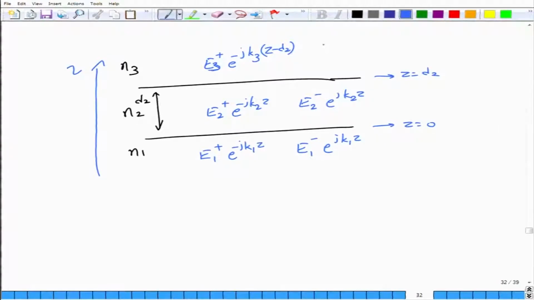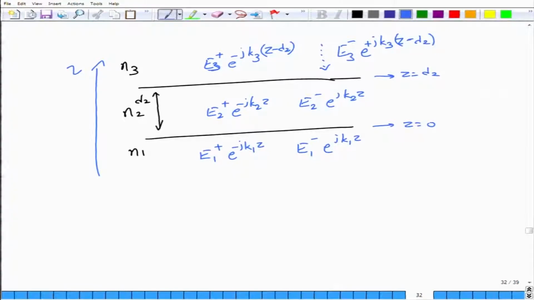As I said, there is nothing coming in this direction, I have not kept my source here, yet if suppose I had that one, at least mathematically I can write this as E3 minus e power plus j k3 (z minus d2).